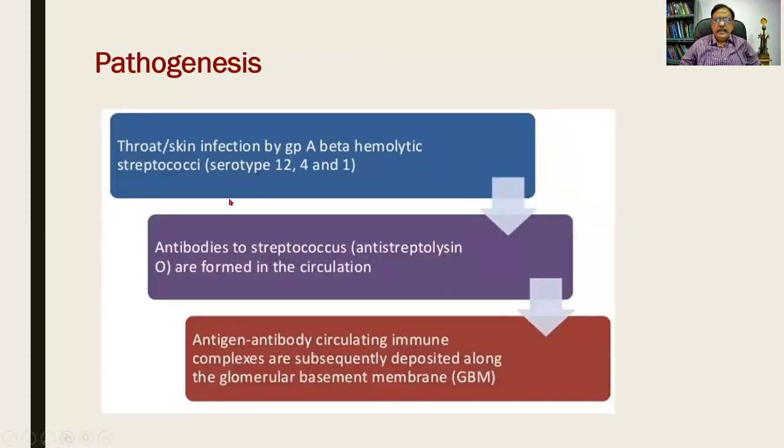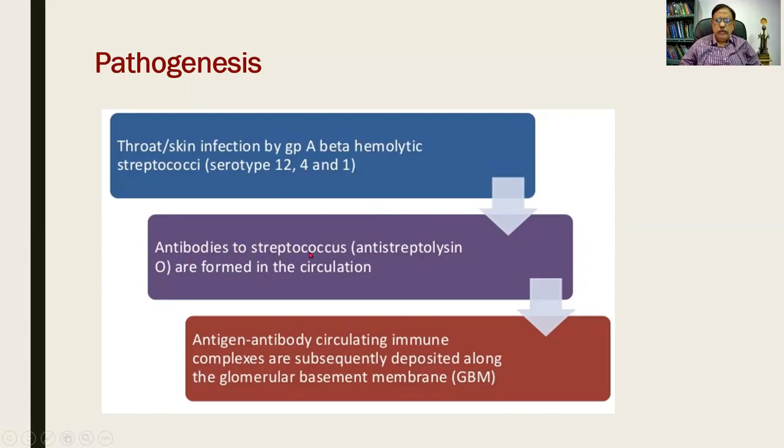So this is the classical sequence that happens. Commonly it is caused by group A beta hemolytic streptococci, and the serotypes commonly are 12, 4 and 1. There are many serotypes; these alone we shall remember.